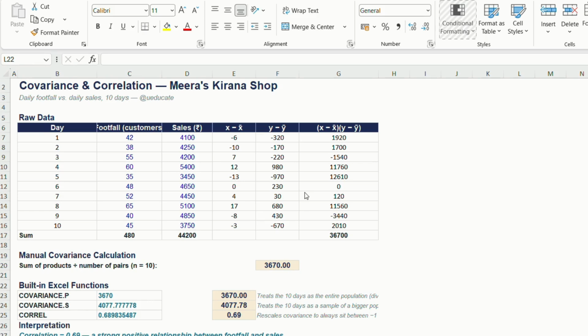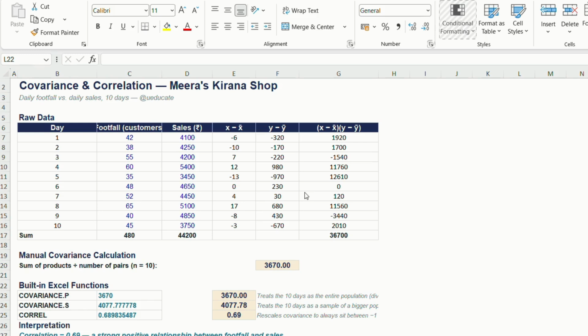The number itself doesn't tell you how strongly the two variables are moving together, how much, how positive, how strong it is.